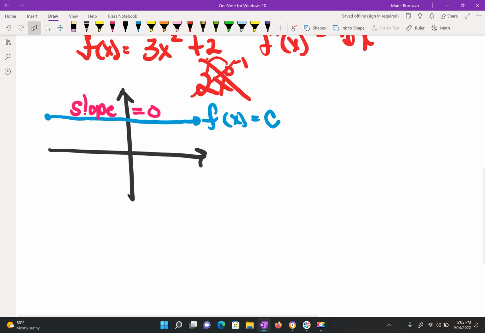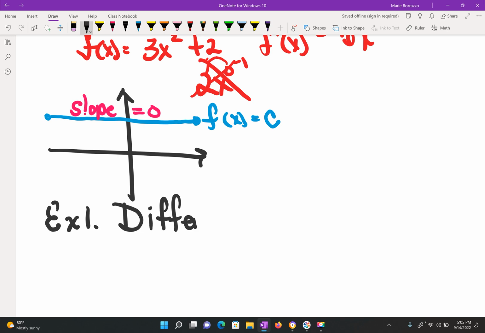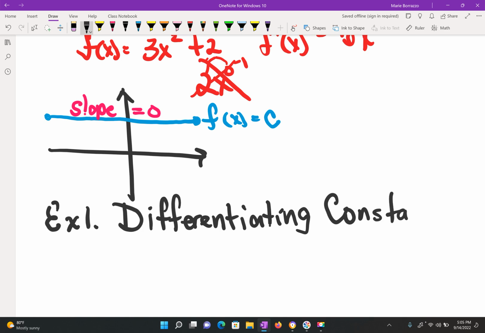Example 1 has the following practice questions. The question stem here is basically differentiating constant functions in this particular example.